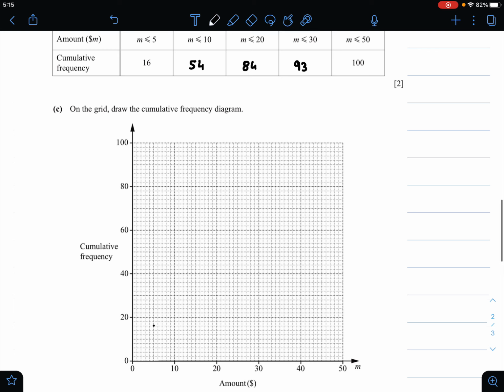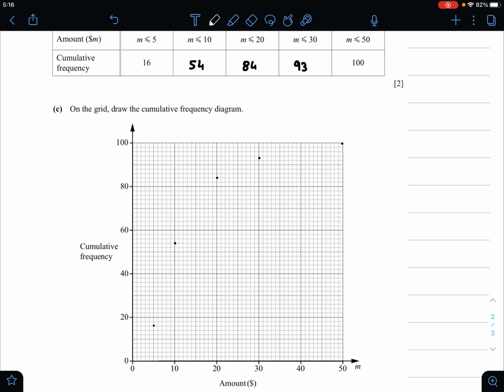The next one is 10, 54, which would be right here. The next one is 20, 84, which would be right here. The next one is 30, 93, which would be right here. And the last one is 50, 100, that would be right here.